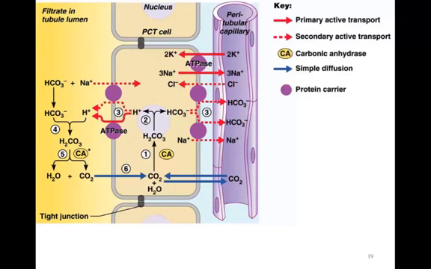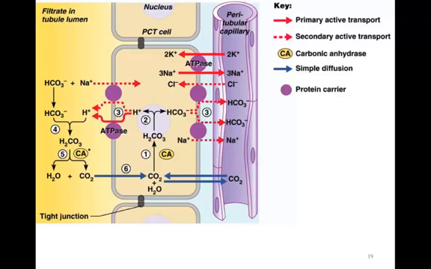The first one is the sodium-hydrogen counter transport, in which hydrogen ions are secreted from the luminal border to the tubular lumen in exchange for sodium ions, which are pushed into the renal tubular cells.